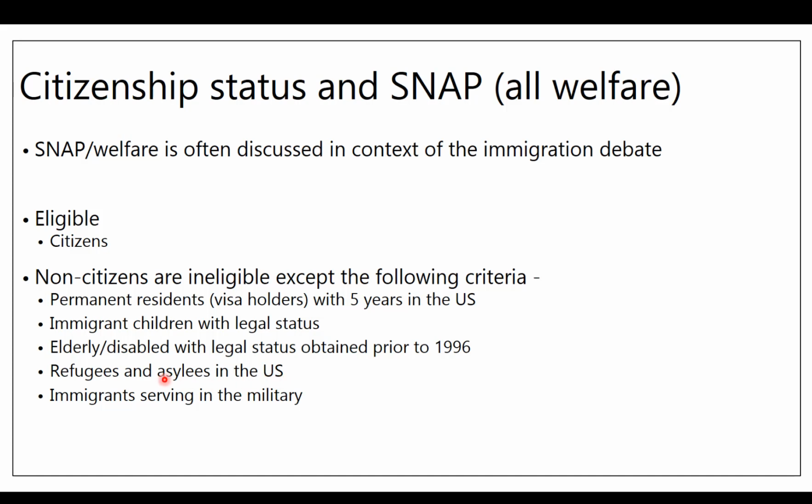But that is a legal status. And then finally, if you're a migrant serving in the military, that is also eligible. But that's it. Anything else is either fraud in the SNAP program or someone giving out misinformation. So it's one or the other.